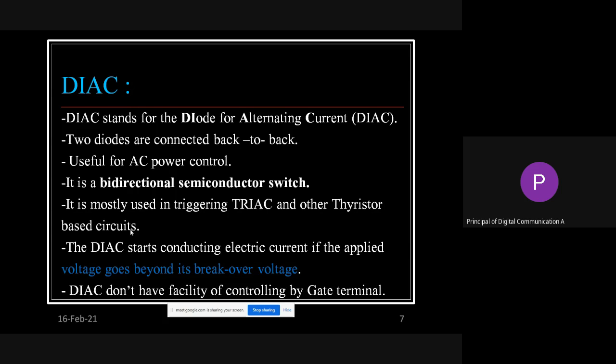It is also a bidirectional semiconductor switch like the triac. Both are bidirectional, but the difference we will see in the next slide. The diac starts conducting electric current if the applied voltage goes beyond the breakover voltage. So what is the meaning of this sentence? In just a second.